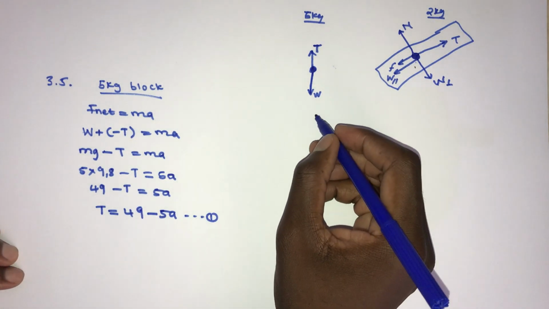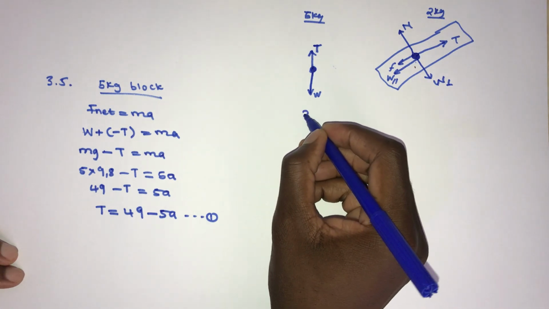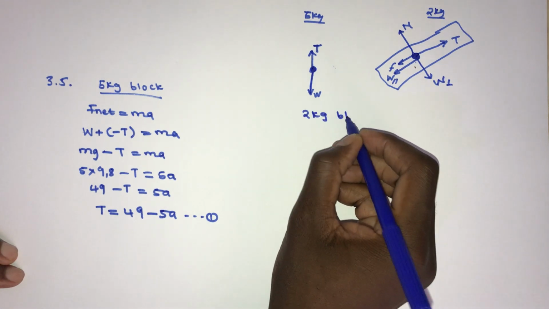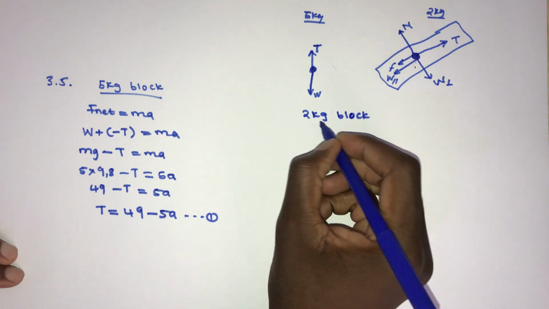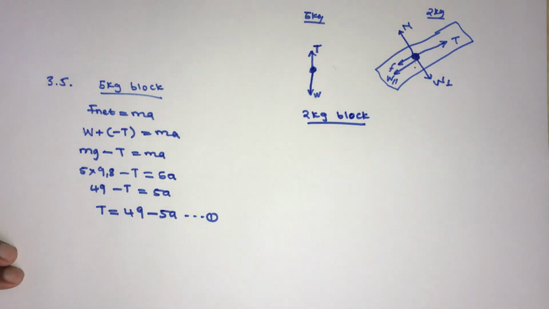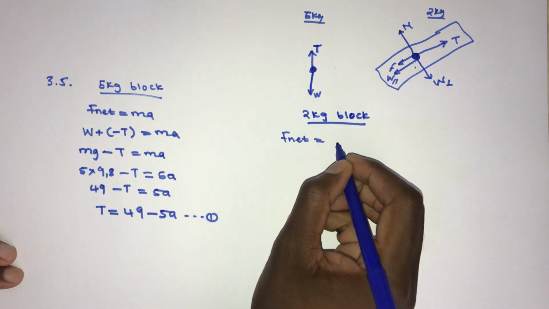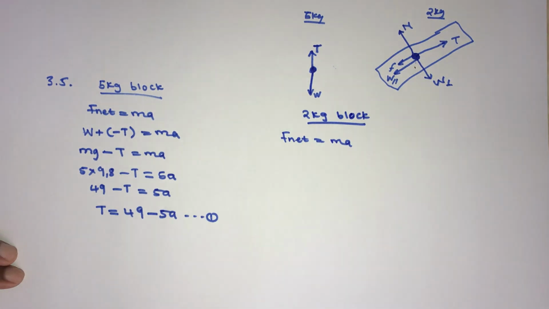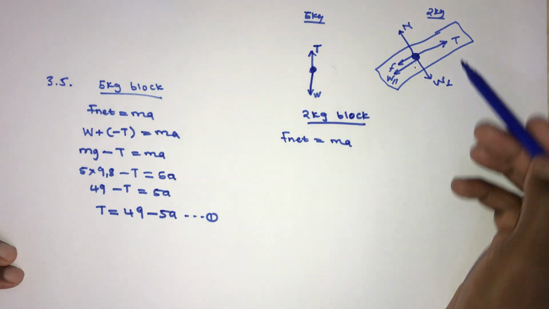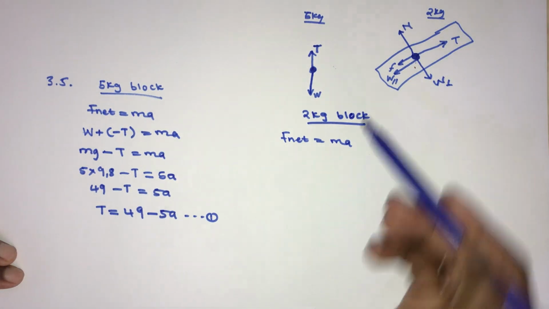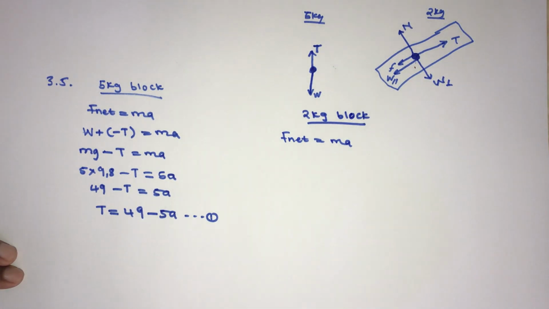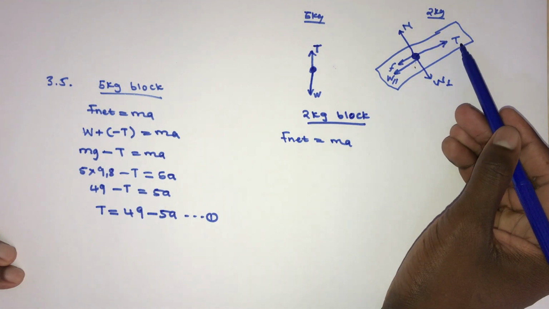Now we move to the 2 kg block. This is the 2 kg block. We apply the same thing. F net is equals to ma. Now let's check. These are the forces acting parallel to the surface. Since the 2 kg block is moving up the incline, it means that the tension takes the positive side.